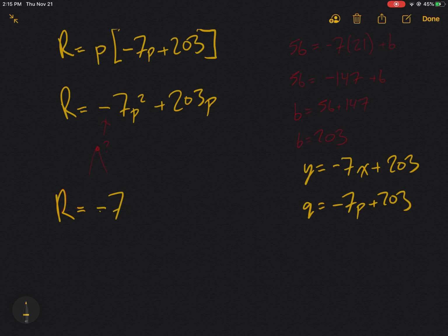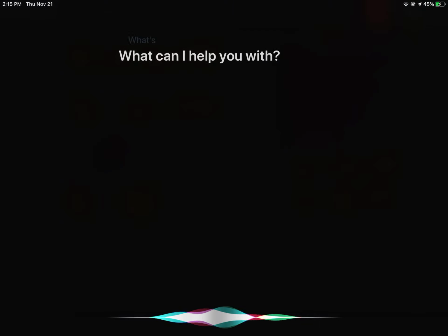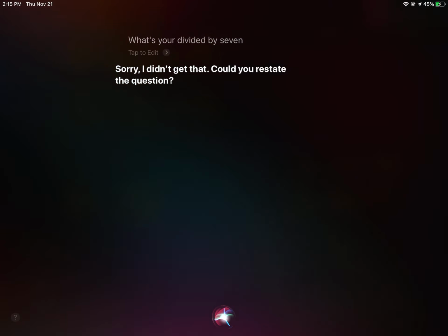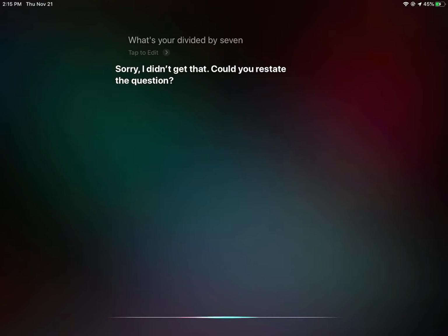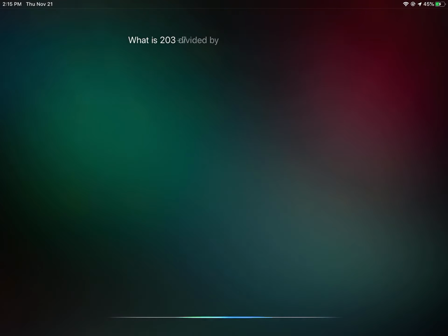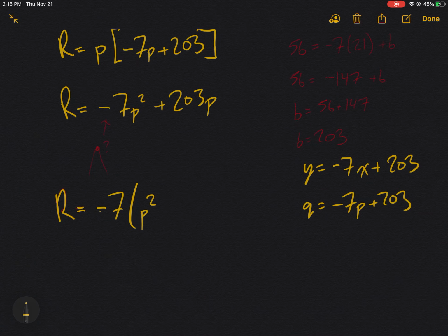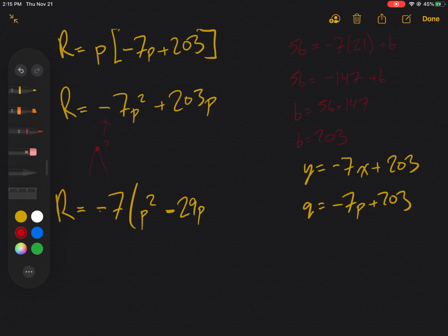R equals, first step, factor out the minus 7. By the way, I'm taking out the minus, so I have to put minus 29P, right? Because minus 7 times minus 29P is going to give me a plus, and I need a plus there.